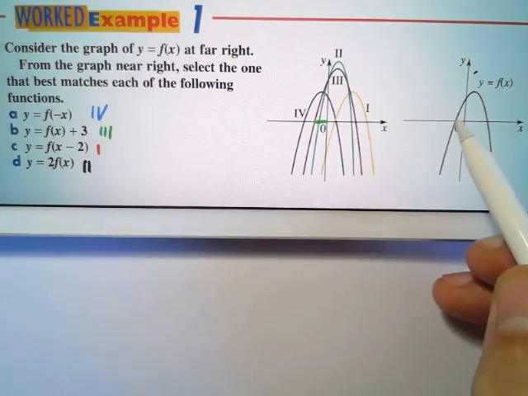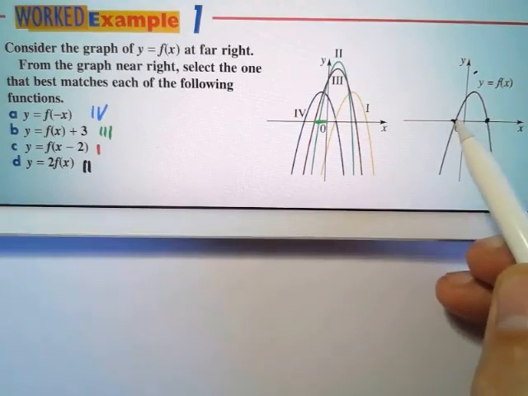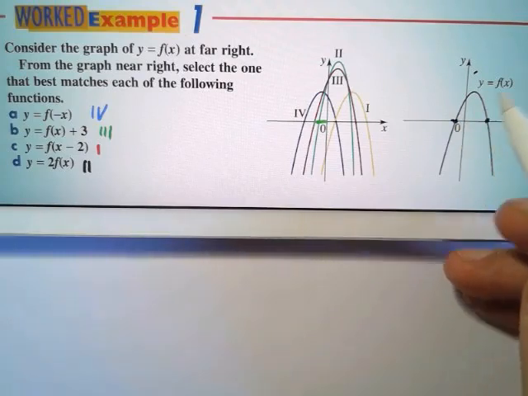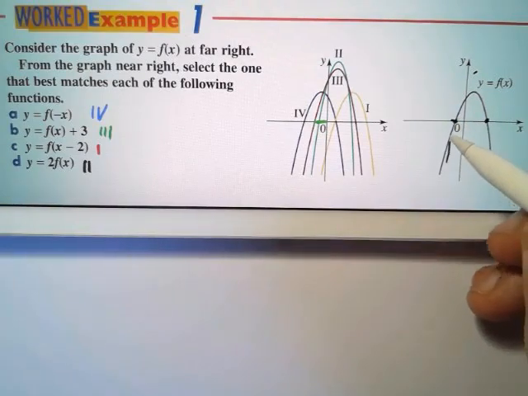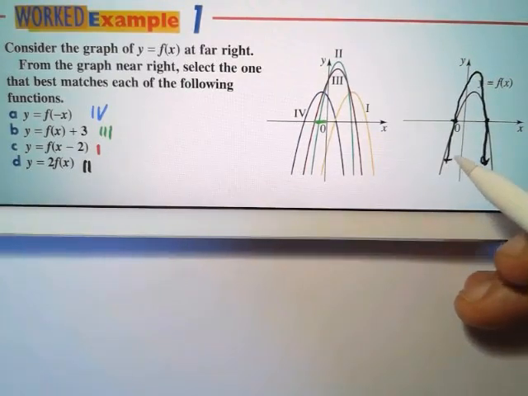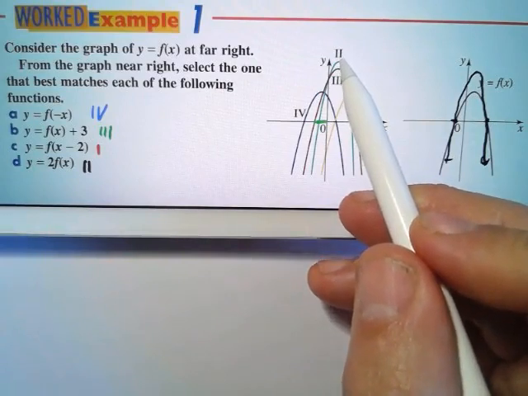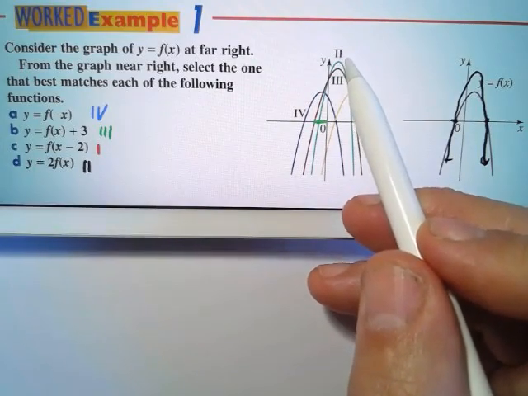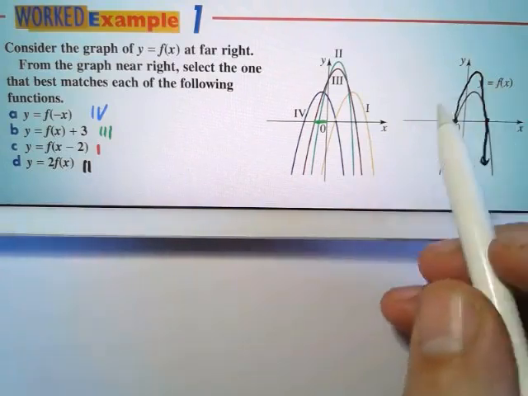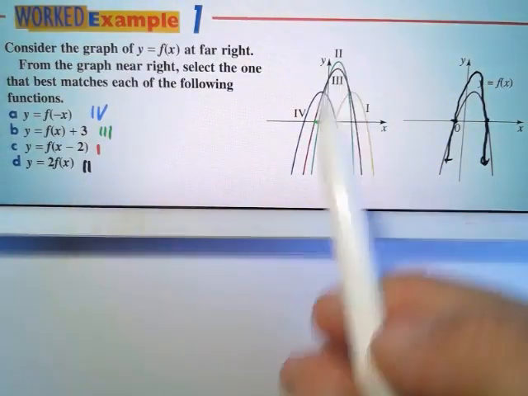If my y value here is 0, remember this y value is 0 and this y value is 0, if I multiply that by 2, it will still go through there, which means my graph will look like this. And that is the one that is stretched. Or we can say they stretch in the y direction, and that is why this is 2. That's the same as the one there.